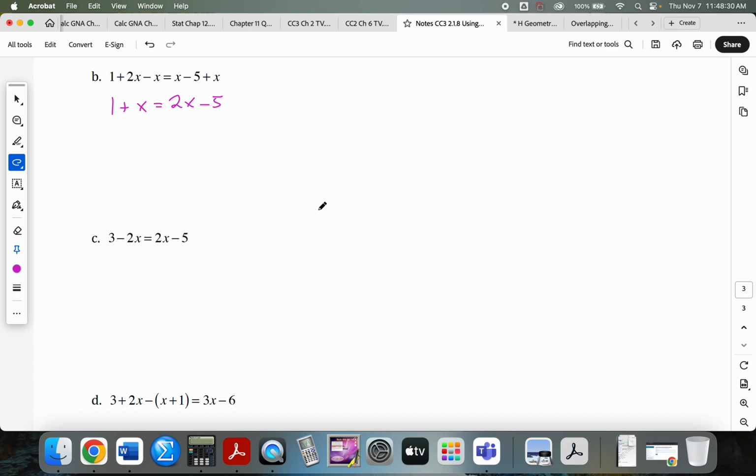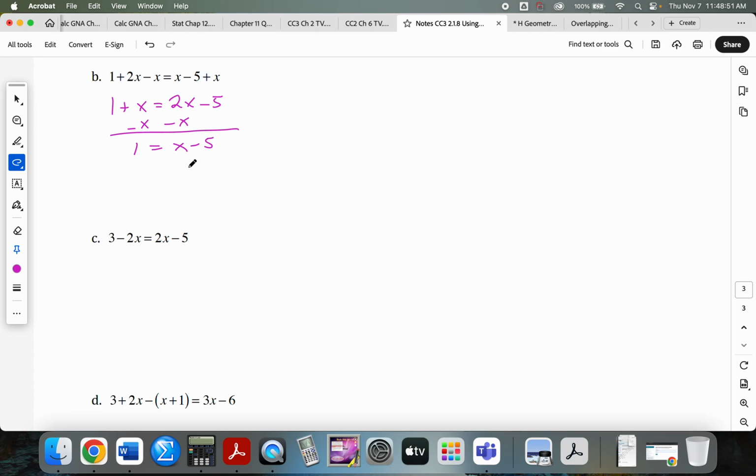I always start with whatever the biggest thing is in terms of x, instead of the numbers. I do the x's first. So I'm going to remove an x tile from both sides. I have 1 is equal to x minus 5.